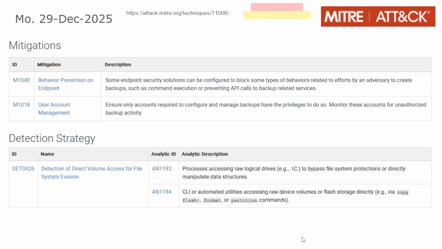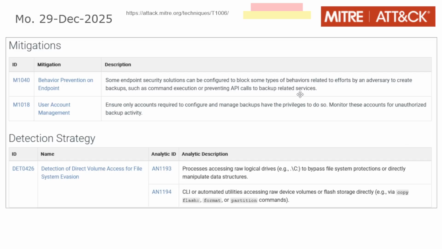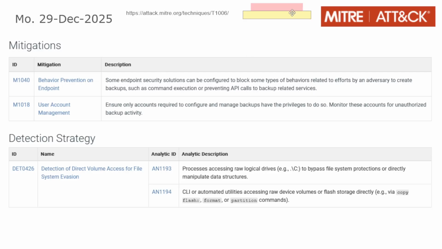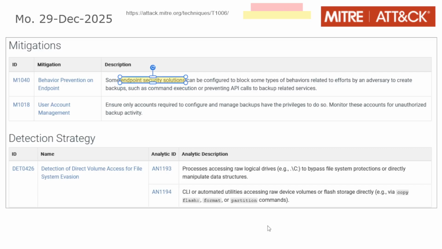Can be configured to block some types of behaviors related to efforts by an adversary to create backups, such as command execution and preventing API calls to backup related services. Okay, so endpoint protection is a mitigation here. Some endpoint security solutions. And it's true, a lot of stuff happens on the endpoints. That's right.